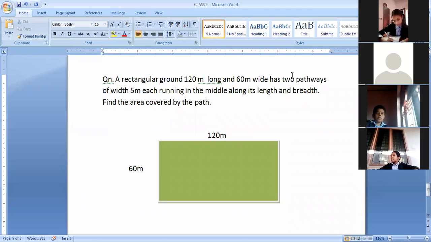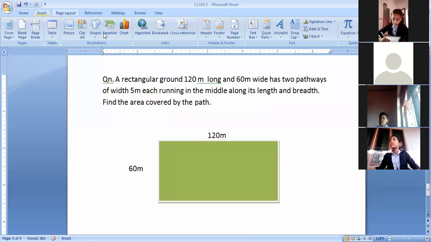Running in the middle along its length and breadth. There are two pathways, one running along the line along its length and the other pathway running along its breadth. Clear?